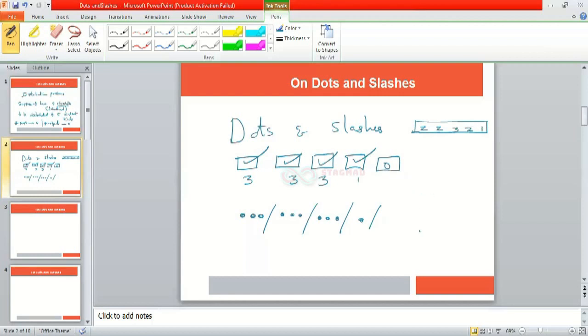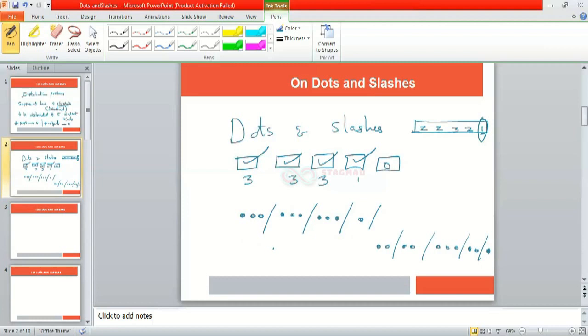I can represent this as 2 dots, a slash, 2 dots, a slash, 3 dots, a slash, 2 dots, a slash, 1 dot. Now you see this last person doesn't get followed by a slash. So it's understood that this last is for the last kid. That's why you get 1 less than the number of people.